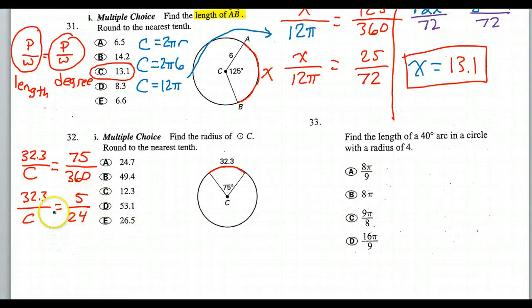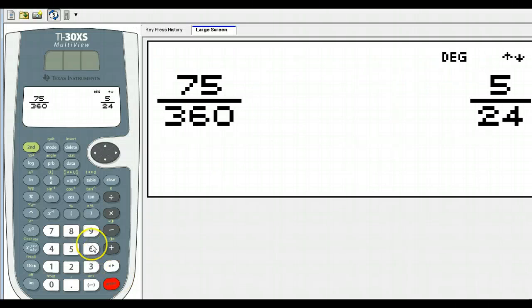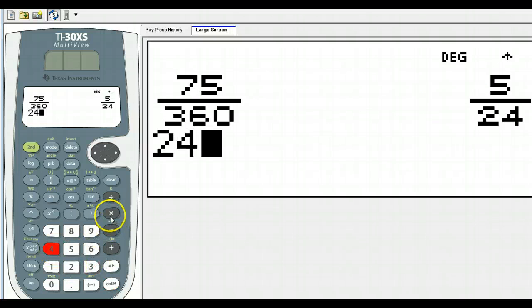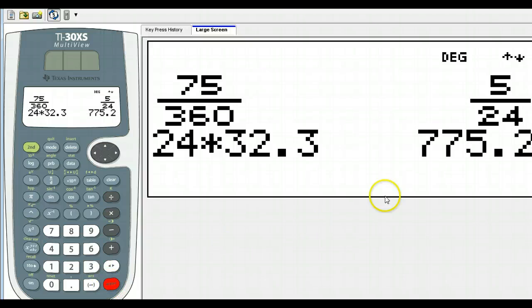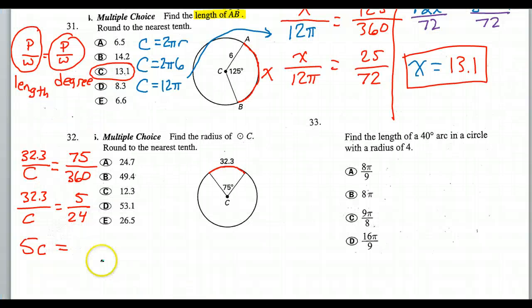If I multiply this way, I will have 5C. If I multiply this way, 24 times 32.3. I get 775.2.